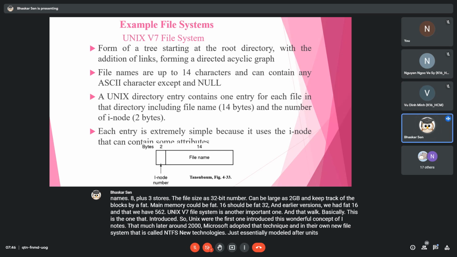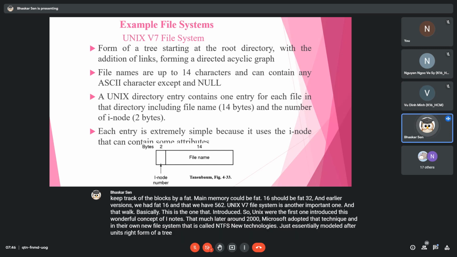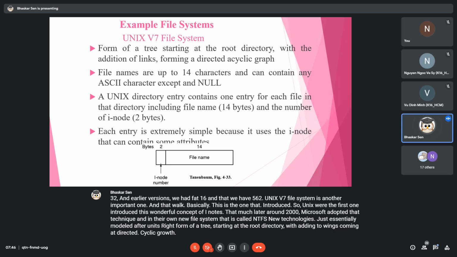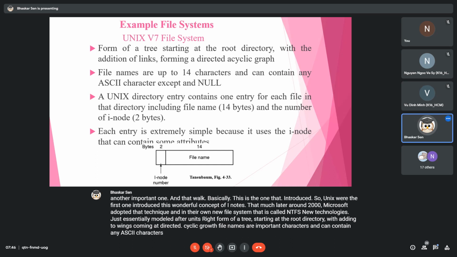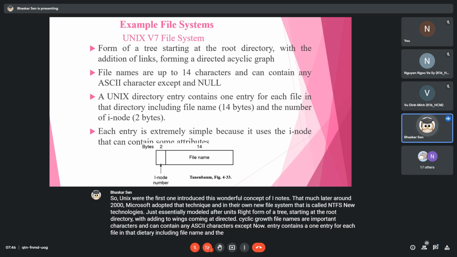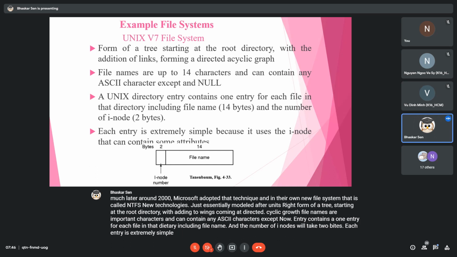It has the form of a tree starting at the root directory with added links, making it a directed acyclic graph. File names are up to 14 characters and can contain any ASCII characters except null. The directory contains one entry for each file in that directory, including the file name, and the inode number, which takes 2 bytes. Each entry is extremely simple because it uses the inode that can contain some attributes.